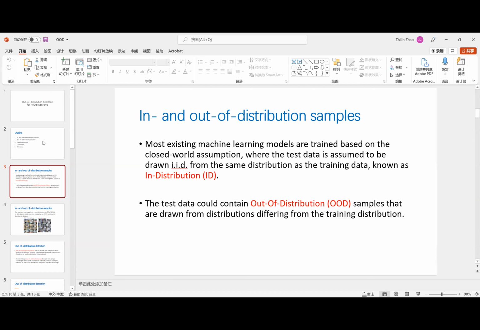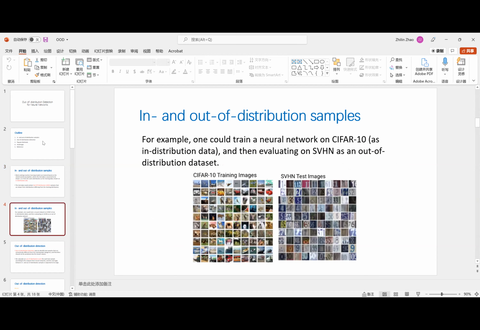But this assumption may not hold in practice. Your test data can come from another distribution different from your training distribution, and we call samples drawn from the other distributions out-of-distribution samples. Let's see an example.